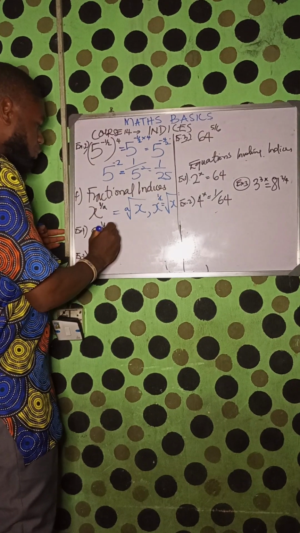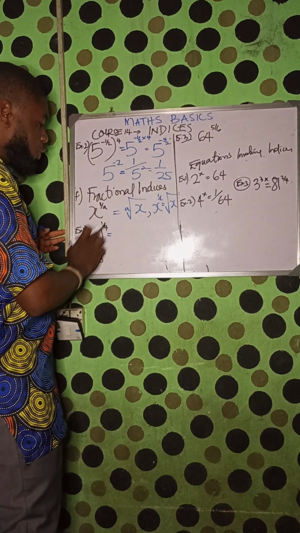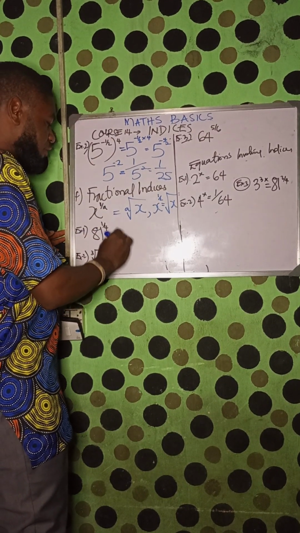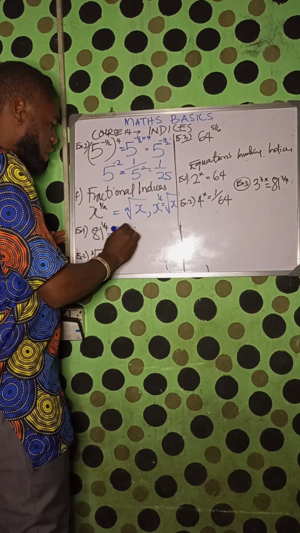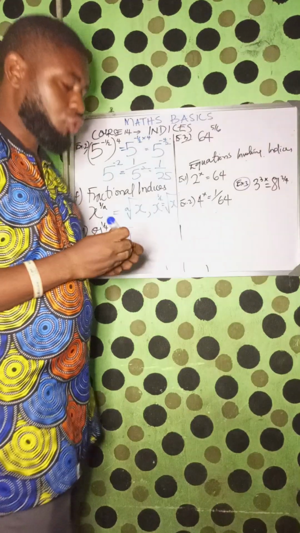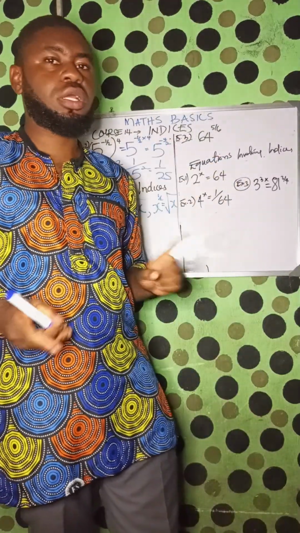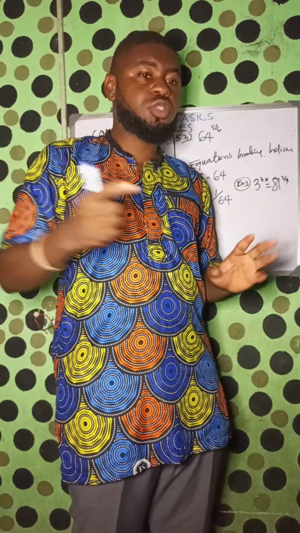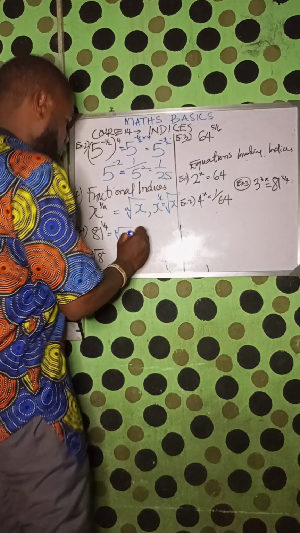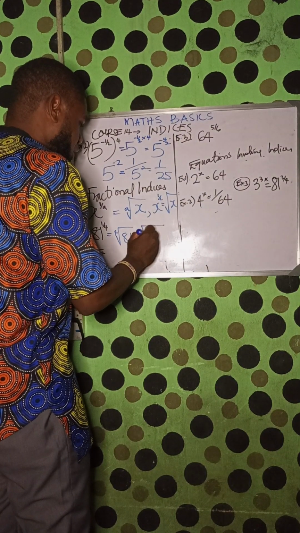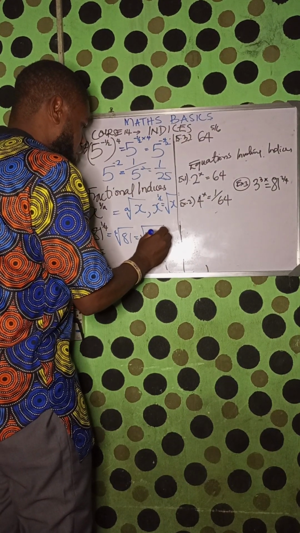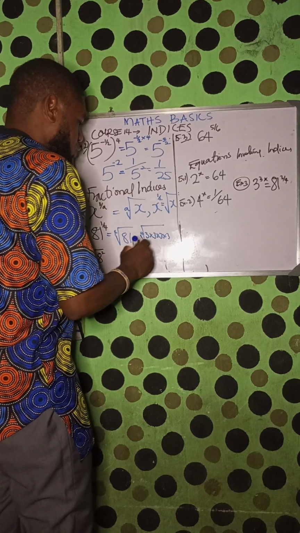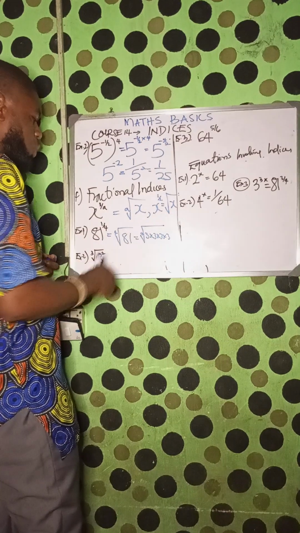So here we have 81 raised to the power 1 over 4, and this is the fourth root of 81. Therefore, you're going to look for a number you multiply by itself 4 times to get 81. And that number is 3. If I break down 3 times 3 times 3 times 3, I will have 81 here.